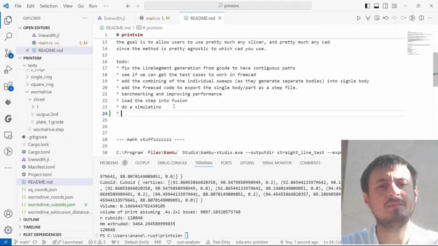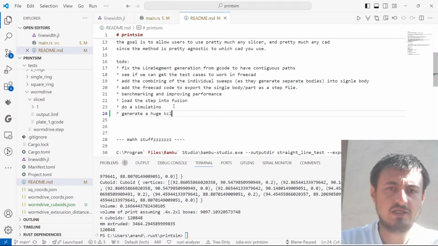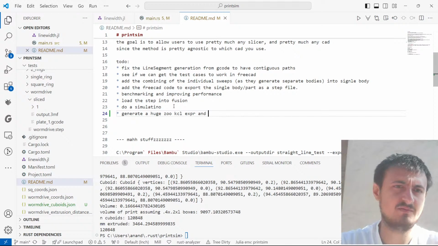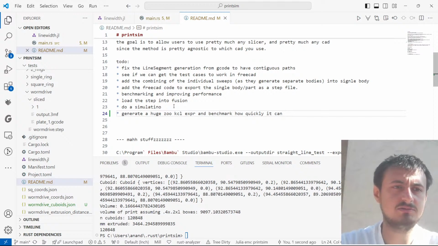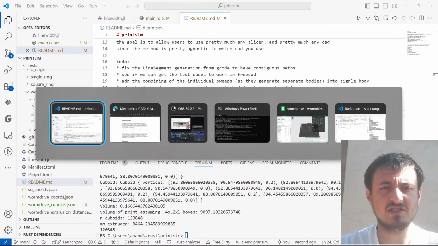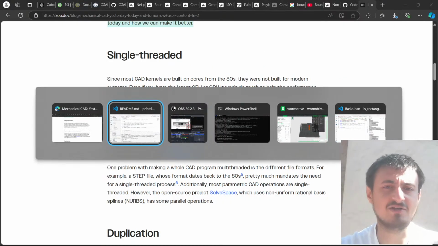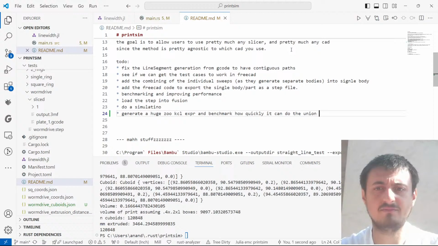We want to build or generate a huge KCL Zoo KCL export and benchmark how quickly it can do the union, or if it even can. I mean, presumably it can't, because I'm guessing there are actual problems with the geometry created by that, but in any case, we.